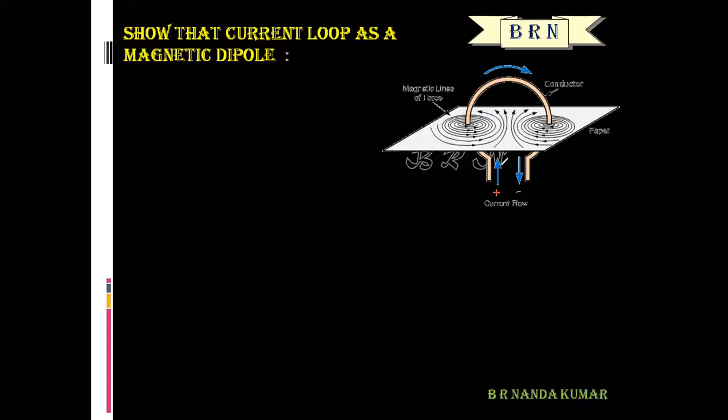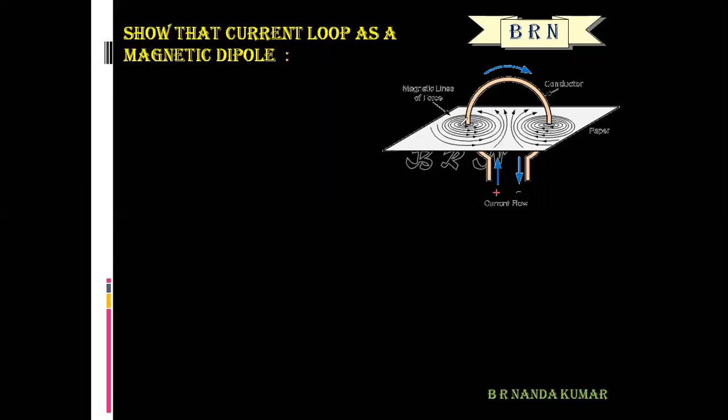If a wire carries current, it is surrounded by magnetic field lines. That can be determined by using the right hand thumb rule. Here the wire is held in the right hand, thumb pointing in the direction of current.